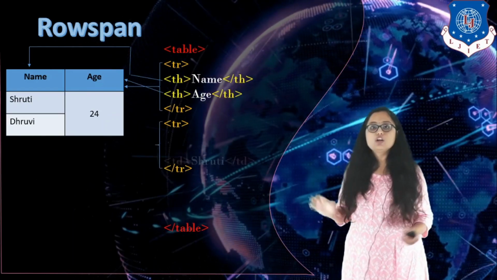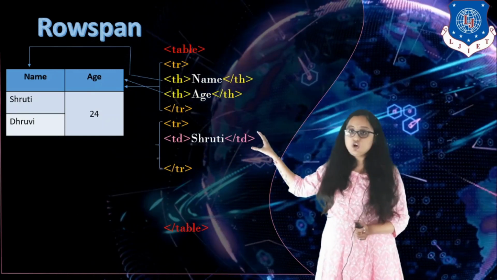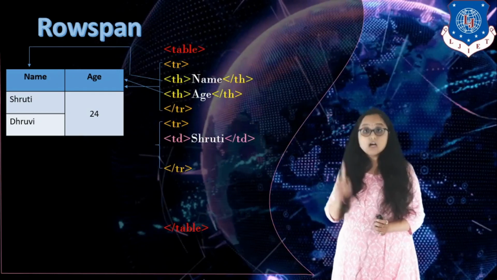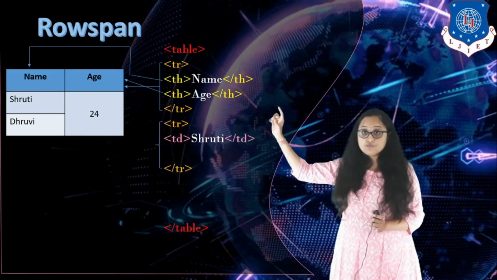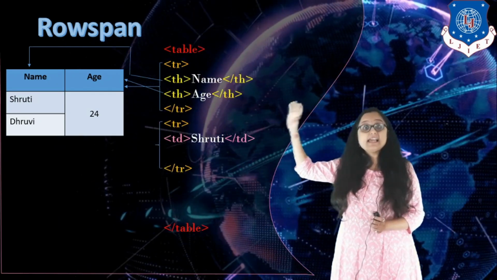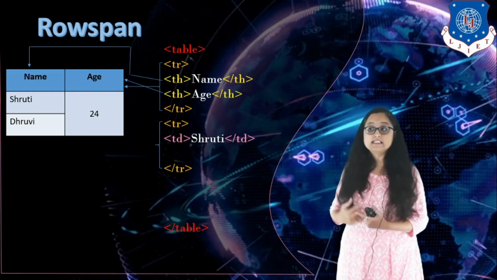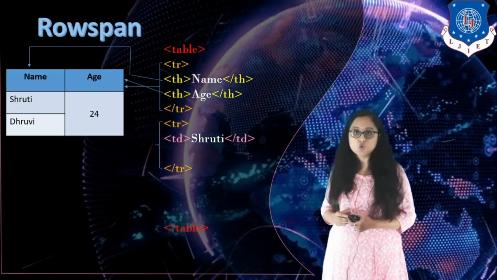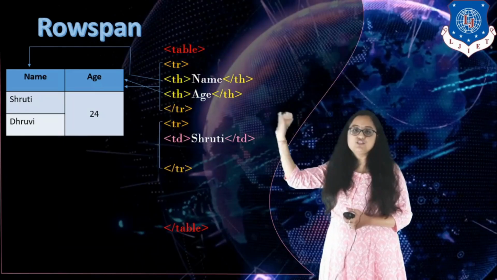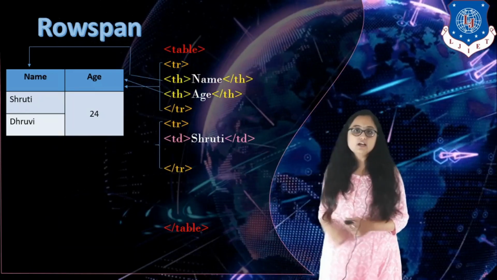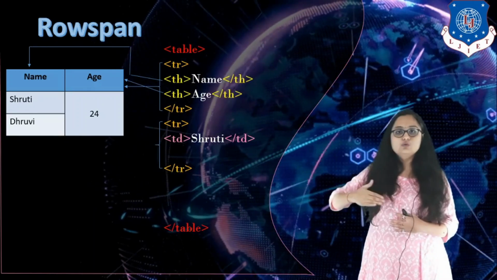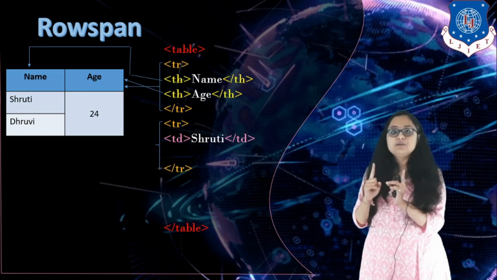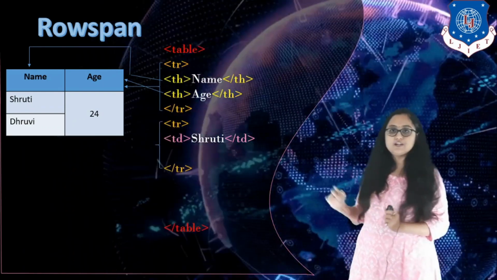So the first column consists of a normal TD, and inside that I have written the data Shruti. But you can see that in the second row the second column is spanned. It is the combination of the second and third row, and you have this cell which is a combination of 2 rows, right? So I told you when you are combining 2 rows and you are creating a column that needs which attribute? Exactly, the row span attribute.